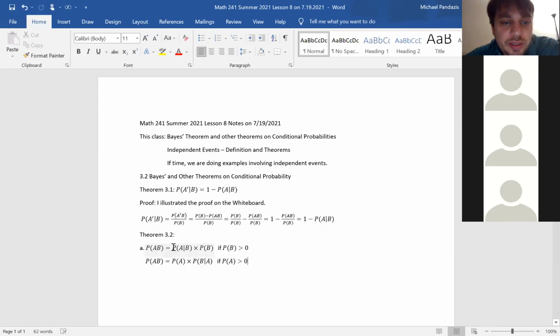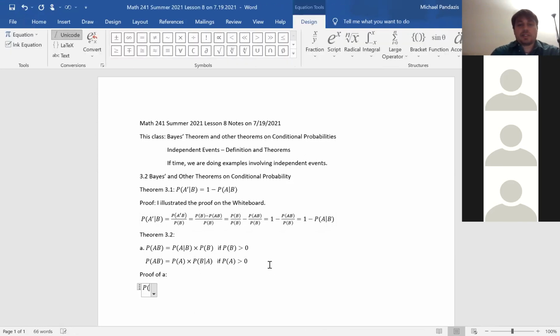Well, okay, so for this part, the probability of A given B, right? So I'm going to write proof of A here. It's better to start with the weird side first and show it's equal to the not so weird side. So let's start with the right side because that one looks stranger. So this is equal to P of AB divided by P of B by the definition of conditional probability.